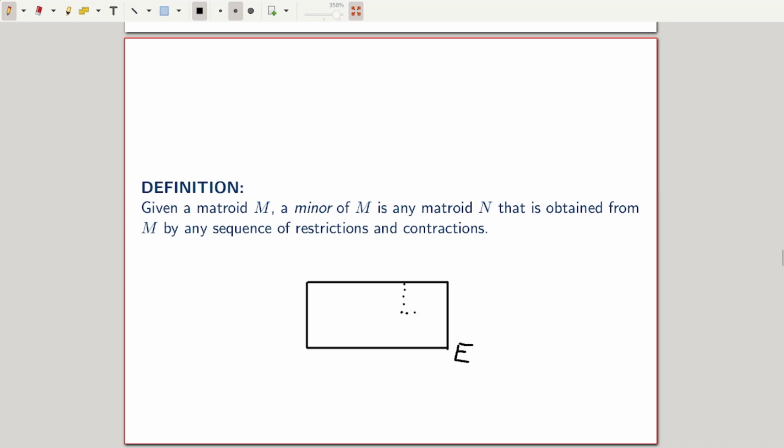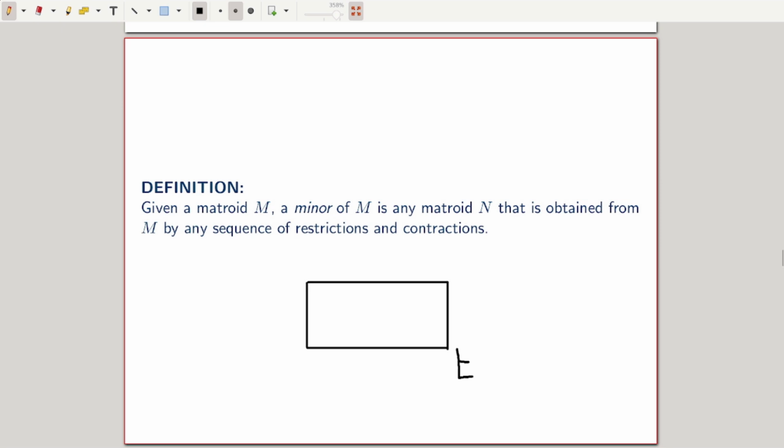Well, restriction is basically creating a new matroid from a subset of the ground set, where independent sets are a subset of the original ones. Circuits remain circuits, more about them later, and subsets of this new matroid retain the same rank as they would have in the original.